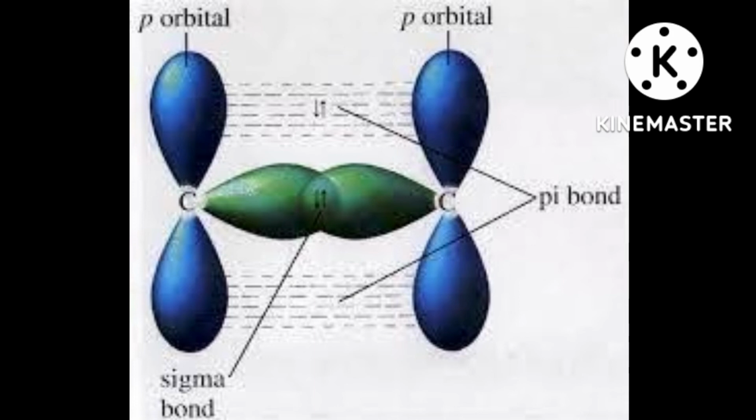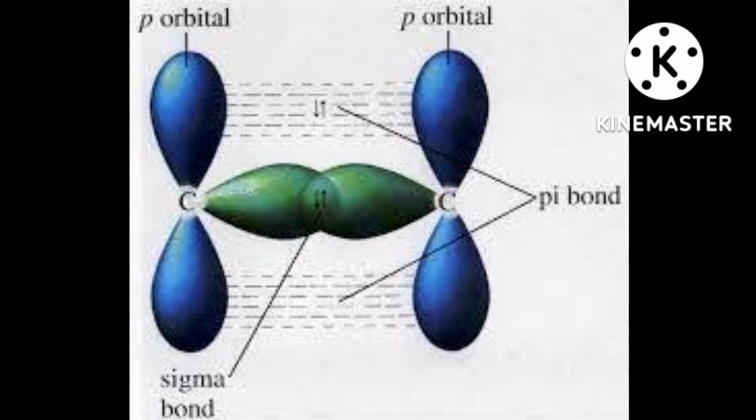If they are only touching, then there will be zero overlap. That is called zero overlap. And if they are far from each other, then also zero overlap. And if they are touching with the down lobe where there is no electron, then again zero overlap.